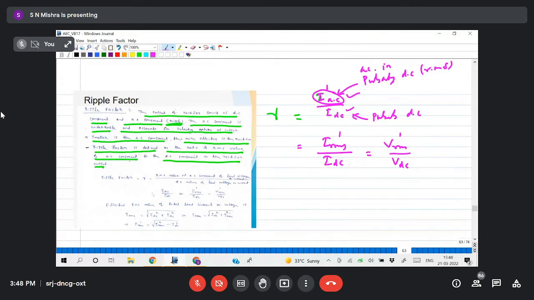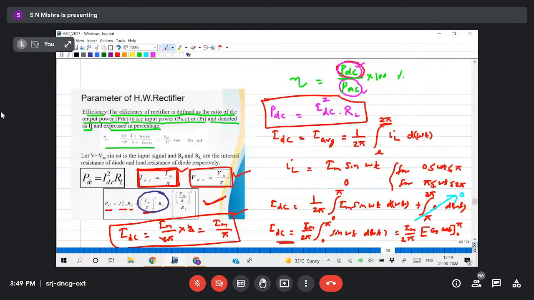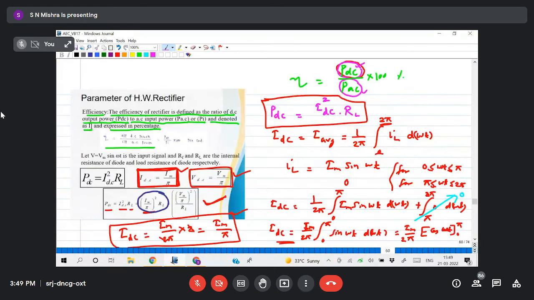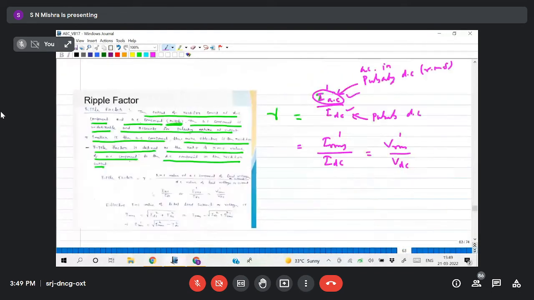So how will we find it? Let us assume this output current can be taken as DC as well as AC. If I take DC, then this is pulsating DC. If I assume AC, then AC and DC both are present. So assuming AC, let us try to find out.